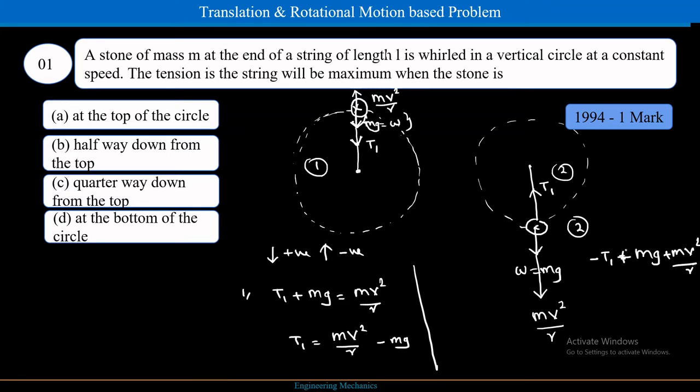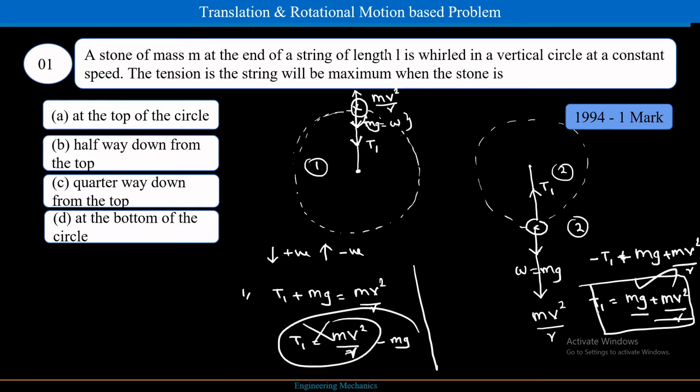So I can write T1 equal to mg plus mv square by r. As simple as that. From this I can say which one is greater here. This is the greater one, because T1 equals mg plus mv square by r, whereas the other is mv square divided by r minus mg. So this is not greater, this is the greatest one.